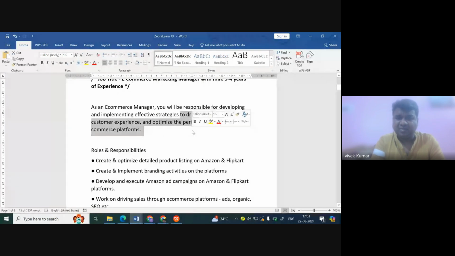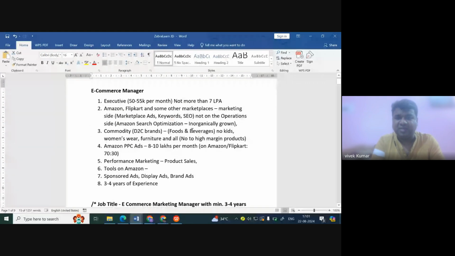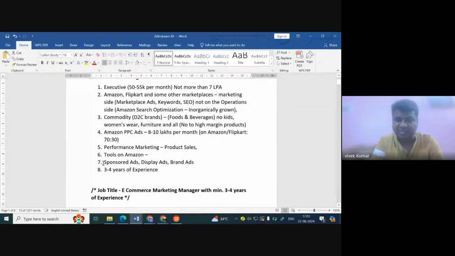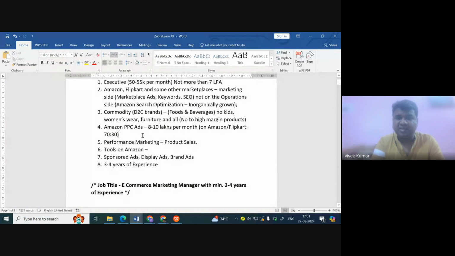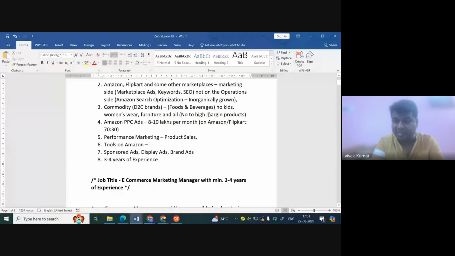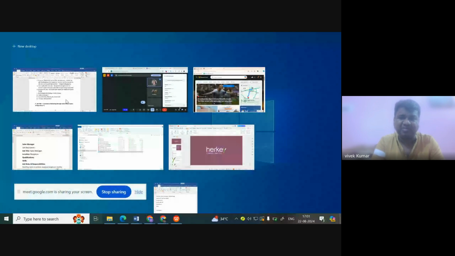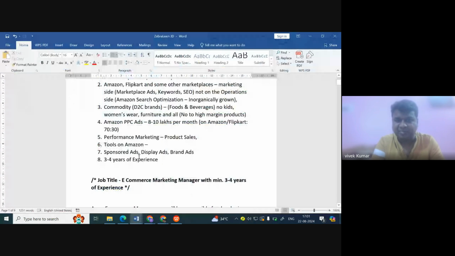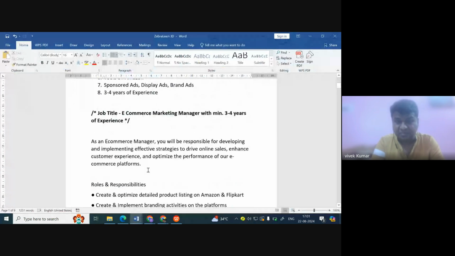And of course, a few other details could have helped, like having expertise in running ad campaigns or PPC ads. Maybe some of these things can be highlighted, 3 to 4 years of experience, and so on. And someone who has worked with, let's say, low margin products also. I mean, you have to think about it. What could be the make or break for you in that role.